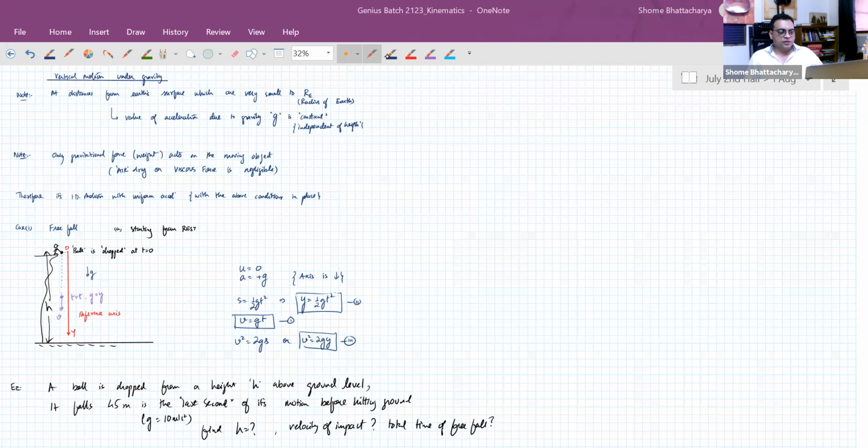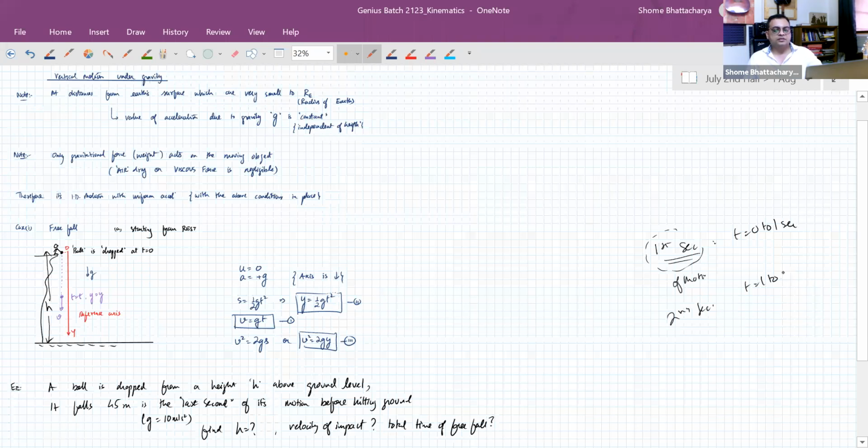Okay. Achha, let me first clarify what we mean when I say the first second of motion. If a motion has started at t equal to 0, what is the meaning of this term? It means the interval of time from 0 to 1 second. Then the second of motion is from 1 to 2 seconds.